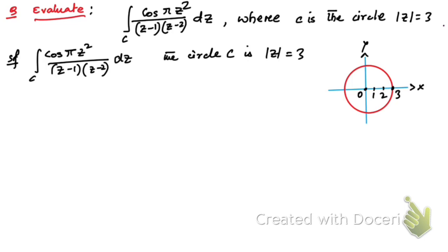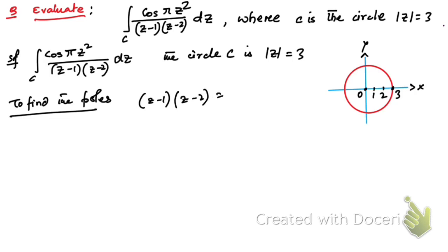So now let's find the poles. To find the poles, here we're going to get two poles, z minus 1 into z minus 2, and if you solve this, z minus 1 equal to 0 and z minus 2 also equal to 0, either this one 0 or this one 0, right? So from here we get z is equal to 1, and here we get z is equal to 2.